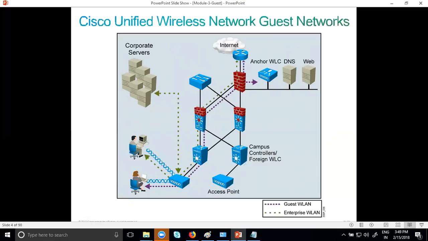These two ideas, the foreign controller and the anchor controller, are very important to understand. The foreign controller takes responsibility for the traffic coming from your enterprise or company users. The anchor controller is the WLC which takes responsibility for all the guest traffic from unknown users trying to access the Wi-Fi network of your WLAN.